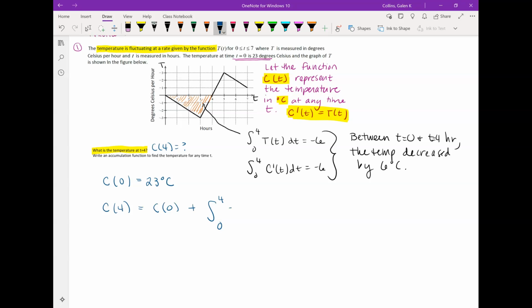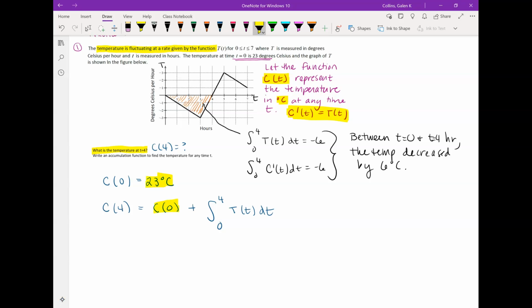So C prime, or in this case, T of t, since that's what the function was named. The way this function's named is driving me crazy, but that's its name, and I didn't get to pick it. Okay, so this tells us C of 4. This tells us that we're starting at 23 degrees. That's what our C of 0 is, 23 degrees Celsius.